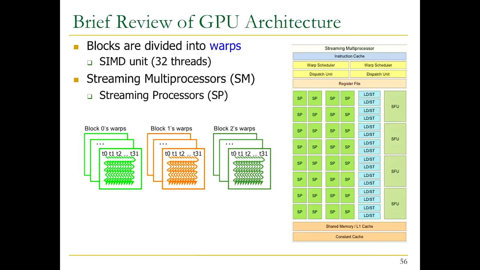Because every time a thread block is scheduled on one SM, or one shader core, the thread block is decomposed into a certain number of warps, and each of the warps has 32 threads. Okay? Is it clear?